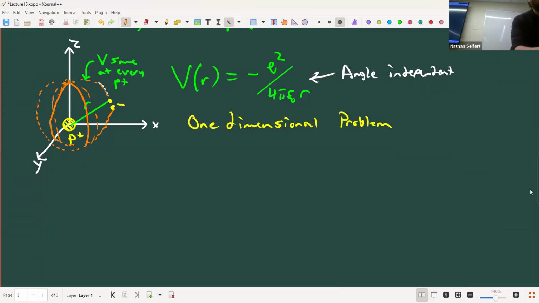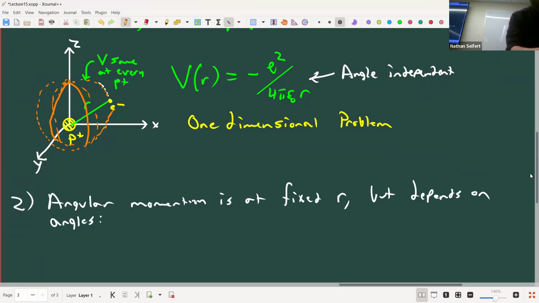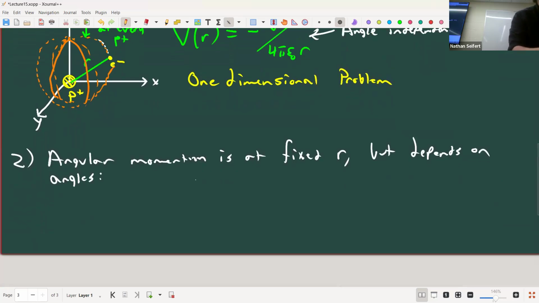So what about the angular momentum? Well, angular momentum is at fixed r, but depends on angles. So we can define our coordinates now, in the way that you would define them in Calc 3.